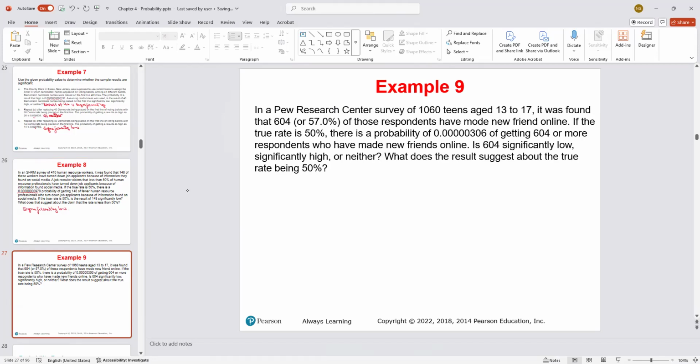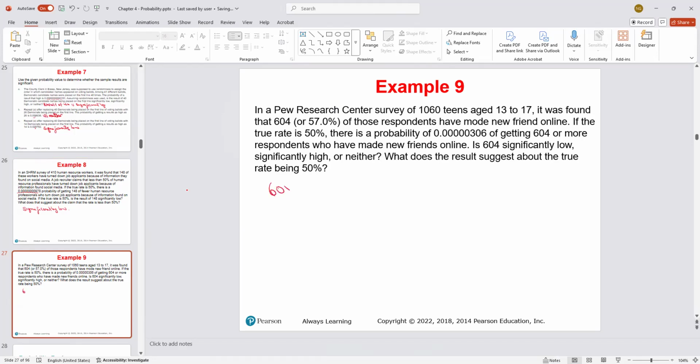So what we're gonna answer in this case, because the probability of getting 604 or more respondents who have made new friends online is 0.0000306, that means less than 5%, it appears that 604 is significantly high.